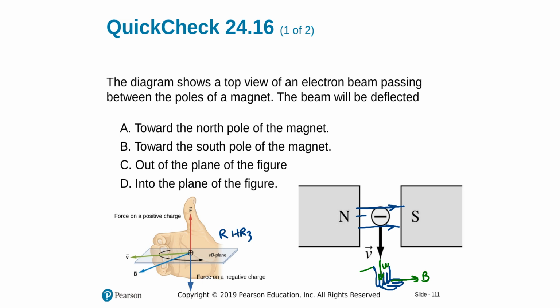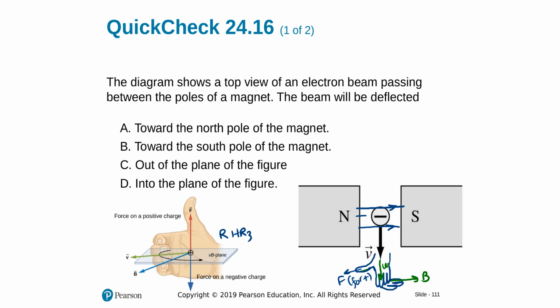I will find the direction of the force. Let me use blue here. Quite ugly again, but hopefully gives us the idea. Force for a positive charge would be out of the page or out of the screen.